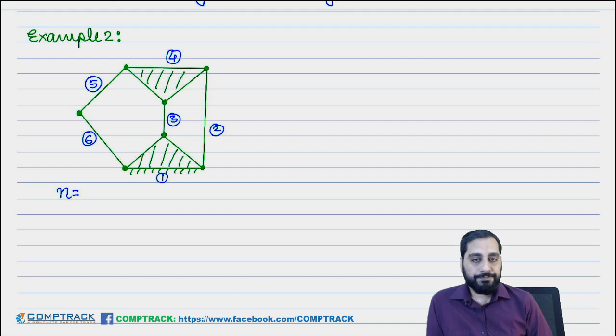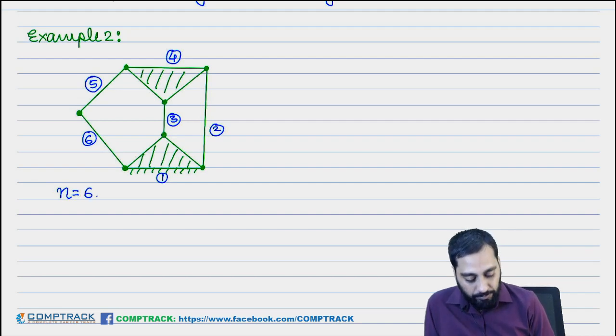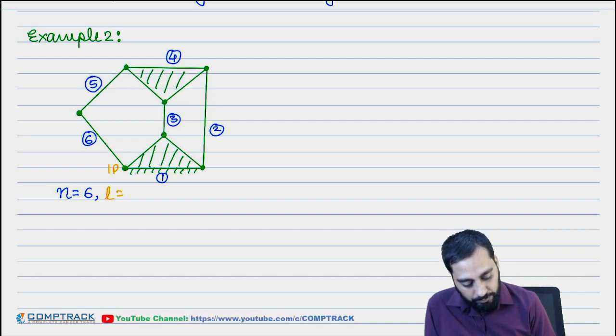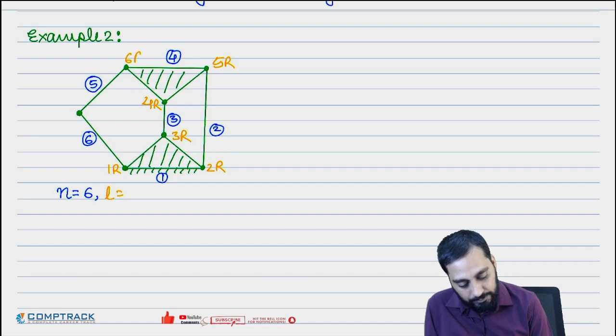6 होंगे. Now, number of lower pairs. 1, 2, 3, 4, 5, 6, 7. 7 है ना.